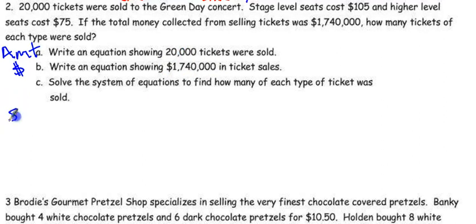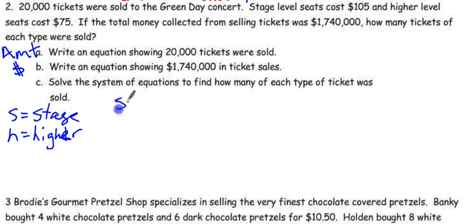For stage level, we'll use S. And for higher level, we'll use H. So for this first one, how many tickets were sold, we would just do S plus H equals 20,000. So that's our amount equation.